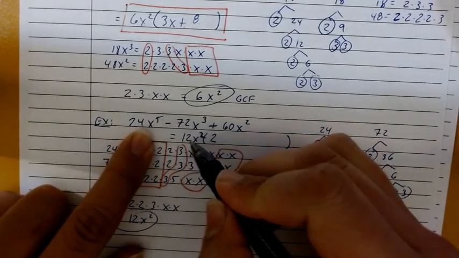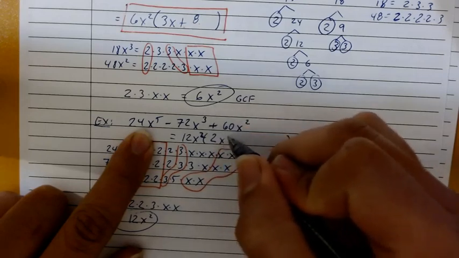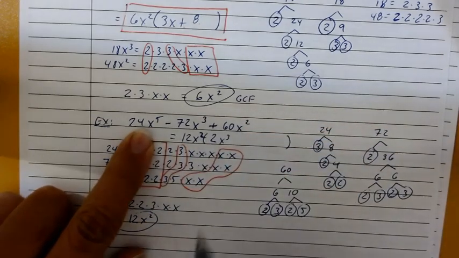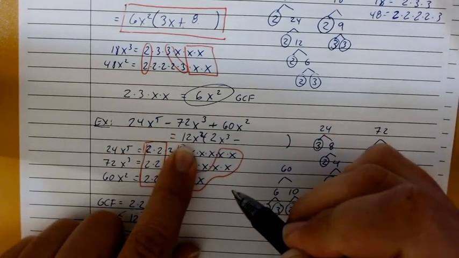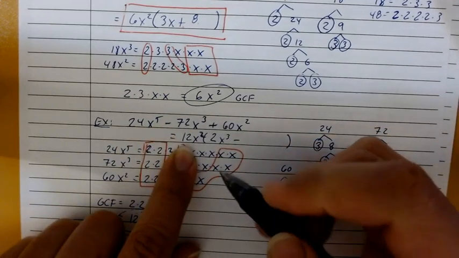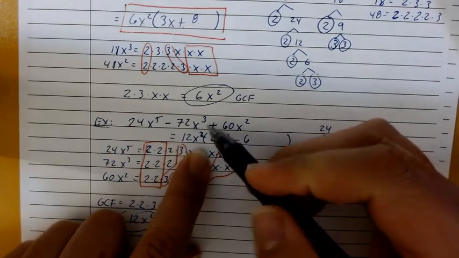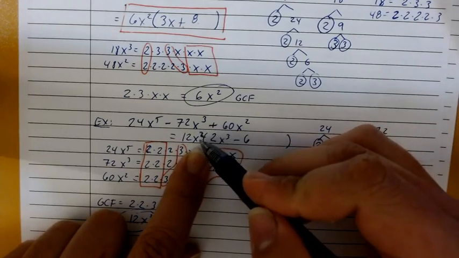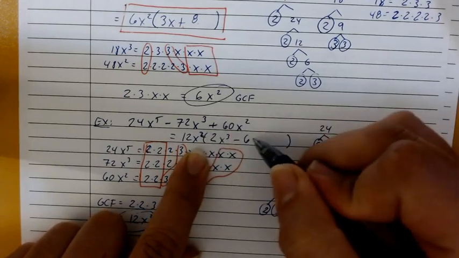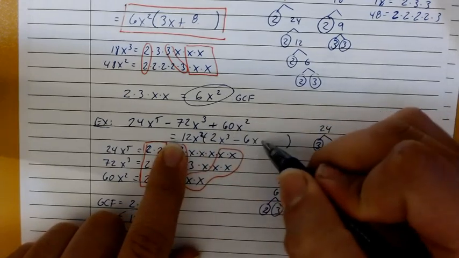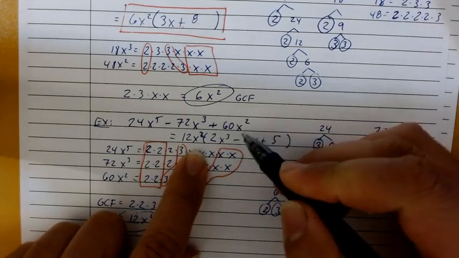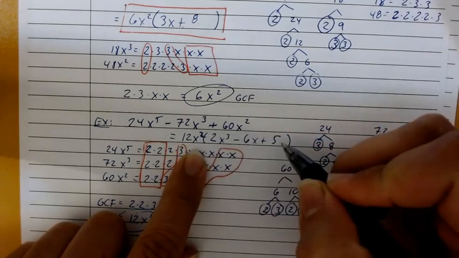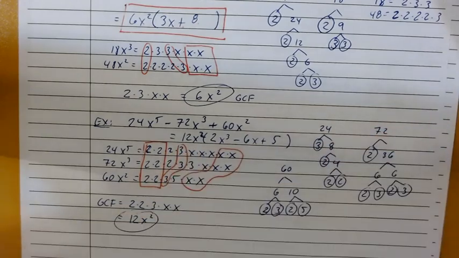X to the fifth divided by x to the second is x to the third. You subtract the powers. Minus 72 divided by 12. That's going to be 6. And then you have x to the third divided by x squared. That's just x. And then you have plus 60 divided by 12 is 5. If you divide x squared by x squared, you just get 1. So 5 times 1, we can just leave that as 5.